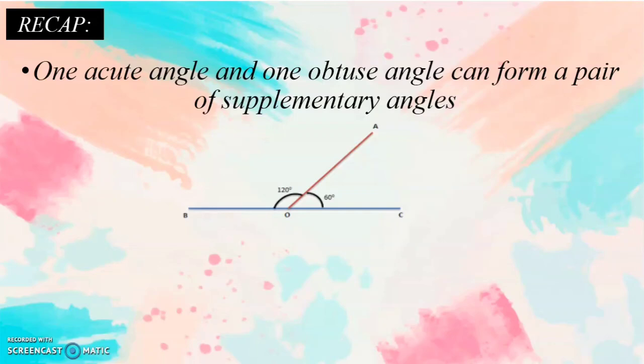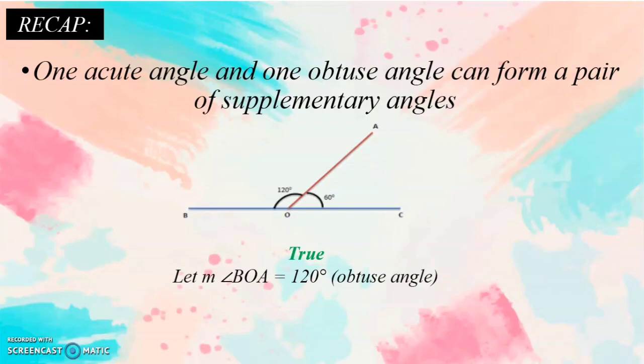Now can these two angles form a supplementary pair? Yes, absolutely, because measure of angle BOA plus measure of angle AOC is equal to 120 degrees plus 60 degrees, that is equal to 180 degrees. That is, the sum of the measure of two angles is 180 degrees.